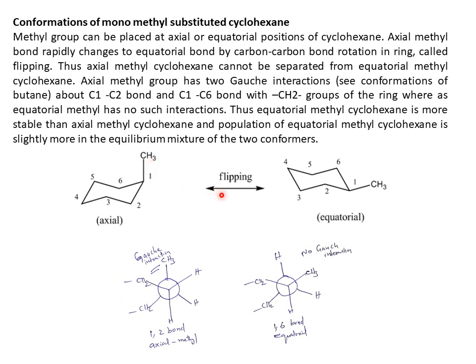When you look at the equatorial conformer, the axial methyl group is transformed into an equatorial one by the flipping process, or carbon-carbon bond rotation process. Here, when you draw the Newman projection formula, this is the front carbon, the first carbon atom. This is the sixth.